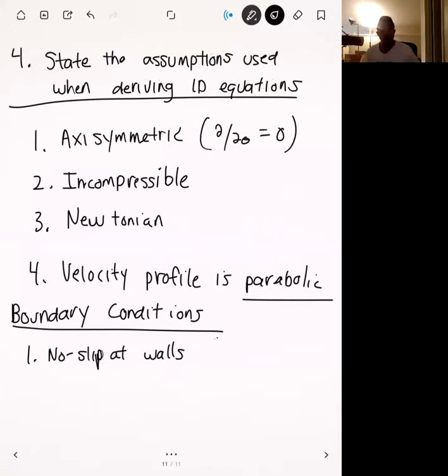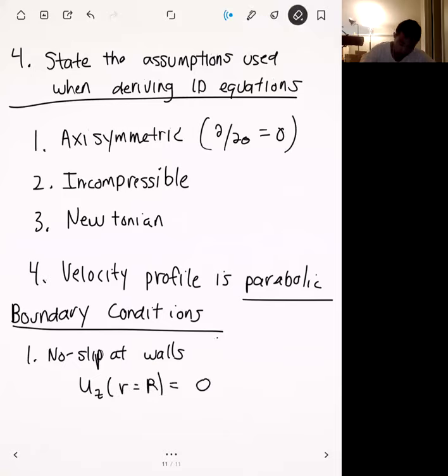That tells us that when the radius is equal to big R, then the axial velocity uz is equal to 0. Notice here we have uz, which is the flow going down the vessel.